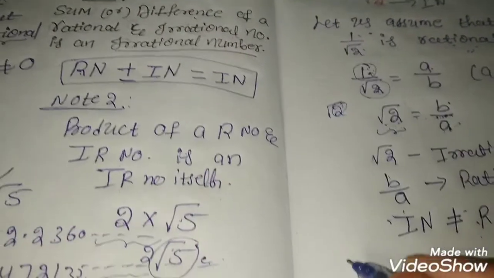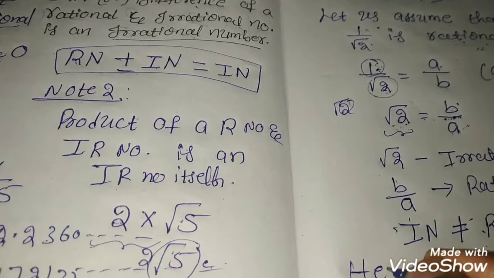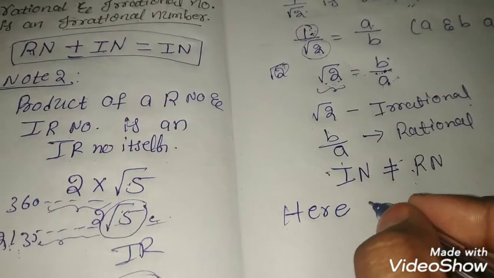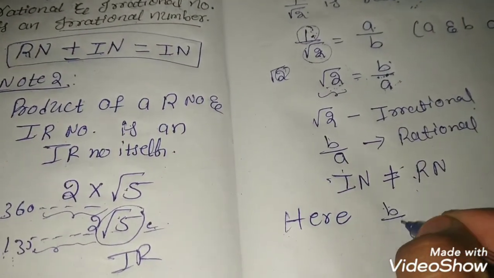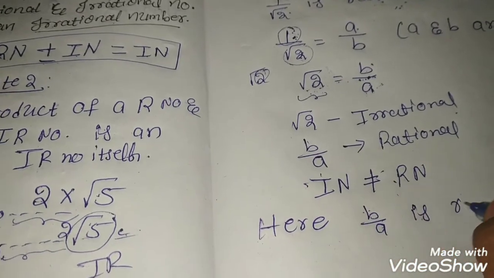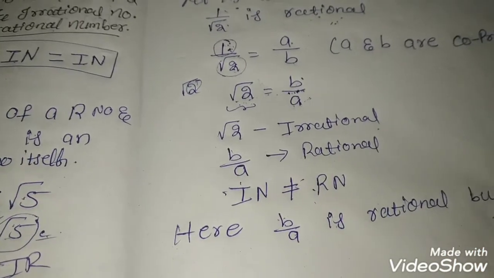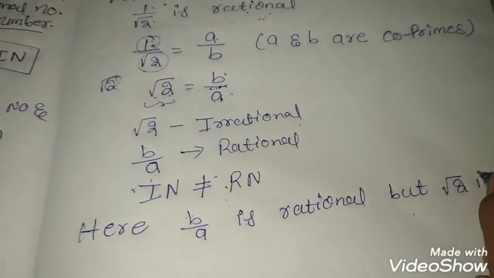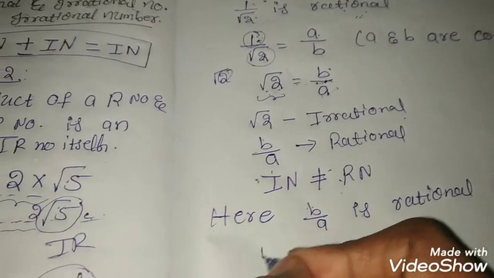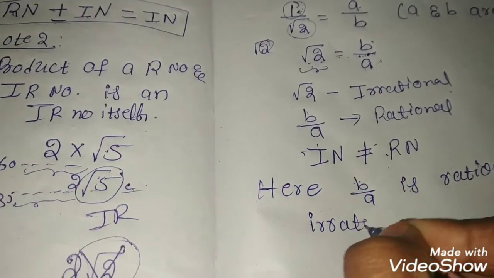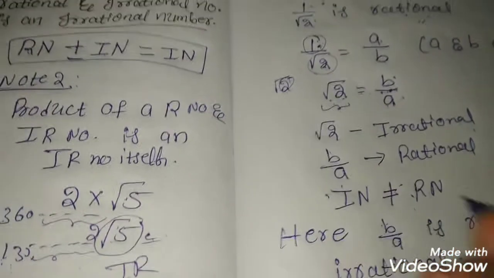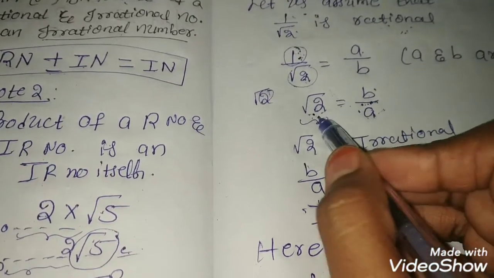So here you can write: B by A is rational, but root 2 is irrational. We know that root 2 is irrational. What do we have to get here?